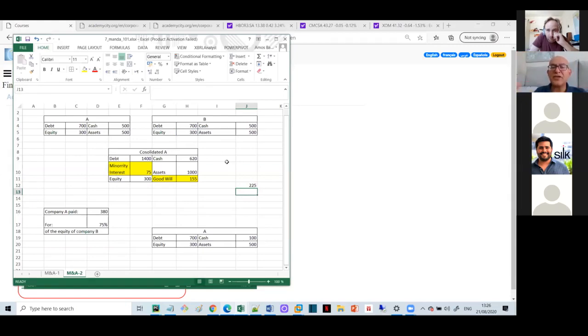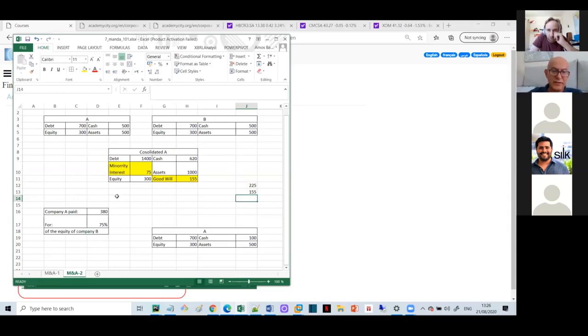So how much extra did I pay? I paid extra 380 minus whatever I bought as a book value. That's the extra I acquired. Fair enough? One more time.